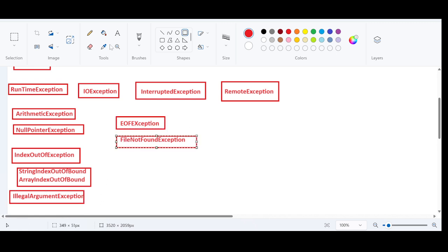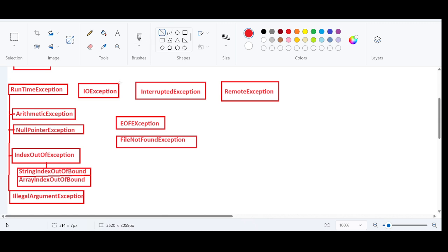And again under RuntimeException, we have these exceptions: ArithmeticException, NullPointerException, IndexOutOfBoundException, IllegalArgumentException. And specifically under IndexOutOfBoundException, we have two subclasses. The first one is StringIndexOutOfBound, which is a separate class, and ArrayIndexOutOfBound. Okay.